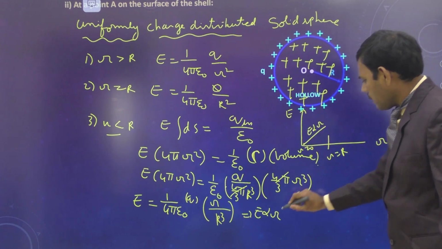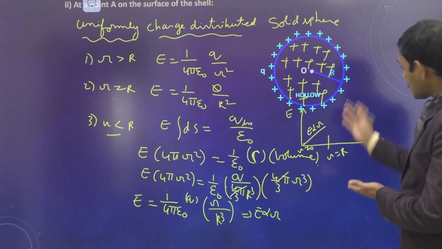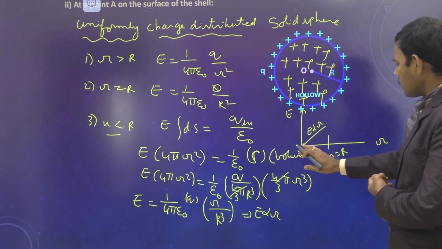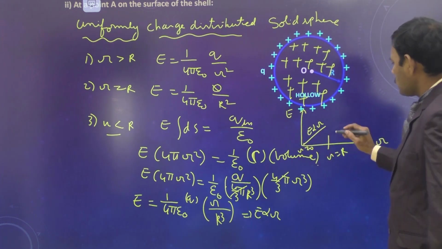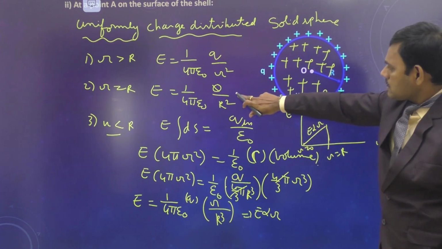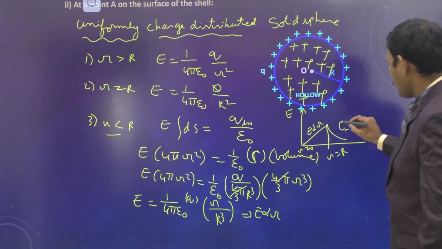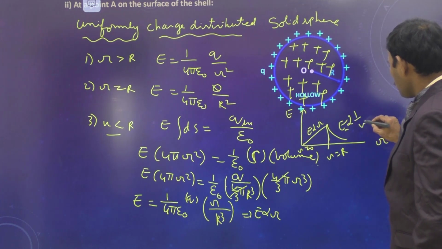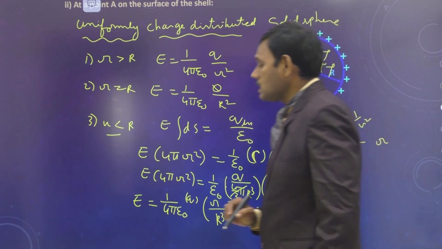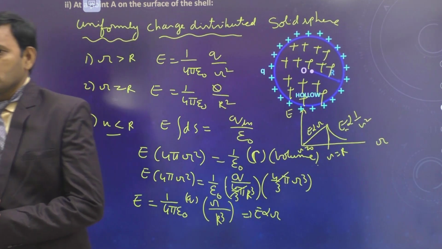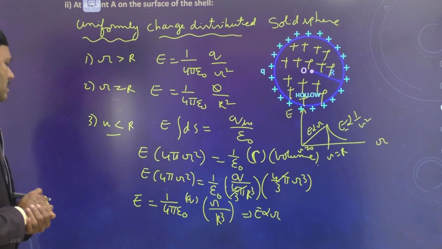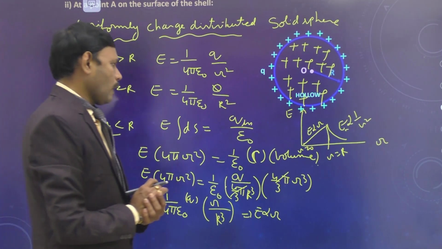We are using this final condition. Inside the solid sphere, from center to the surface, E is proportional to small r. On the surface, this is the value. Beyond the surface, E is proportional to 1 by r square. So this is the electric field due to a charge distributed solid sphere.